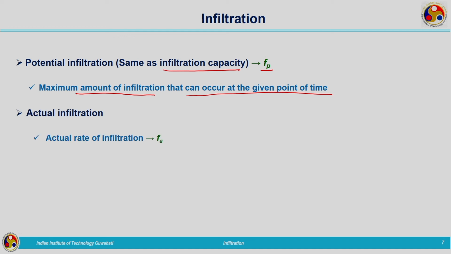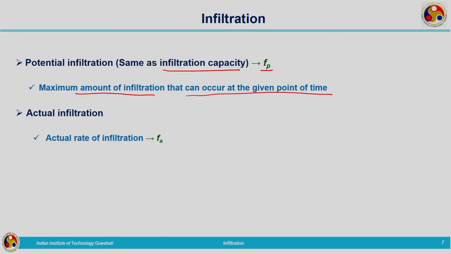Actual infiltration is the infiltration taking place at that particular time. Actually what is taking place in the field or in the laboratory, what is the actual value, that is the actual infiltration. Always we can't expect potential infiltration because sometimes the water availability will be less. If the rainfall is only happening for a very short interval of time, the maximum water which can be absorbed by soil may not be infiltrated.